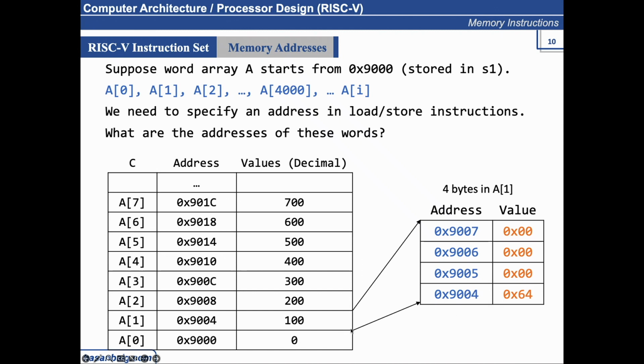So at 9,000 the first byte here would be 9004, 9005, 9006, 9007, and then 9008 corresponds to another word. This 100 is here represented as a hex value, which is equivalent to 64, and all the other 3 bytes have 0 values. It does not matter. So we can represent 32-bit data in memory in each location as well.